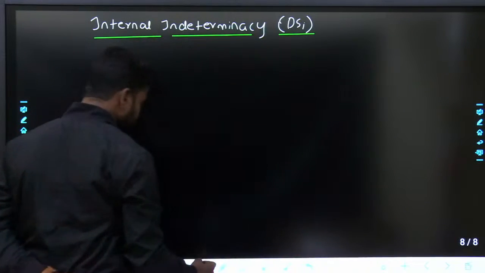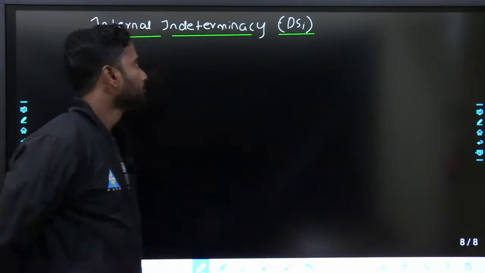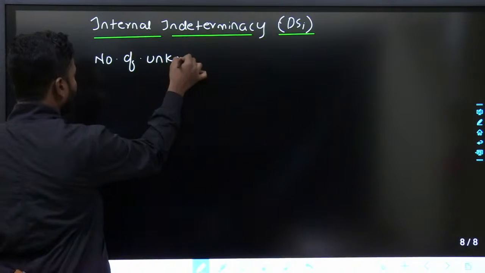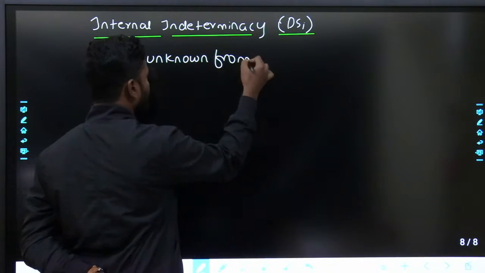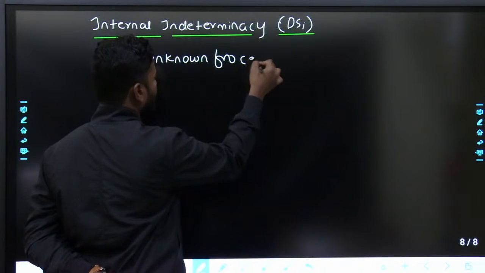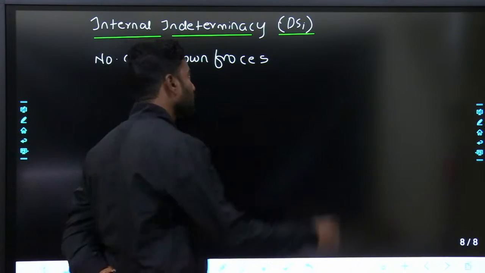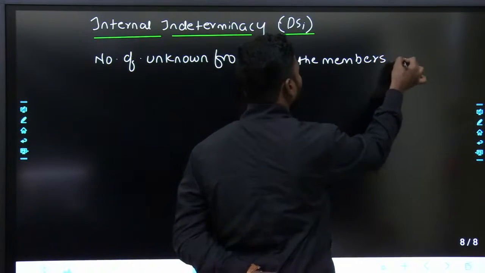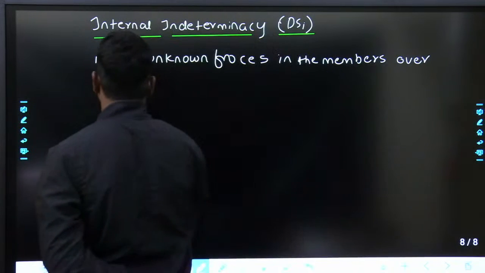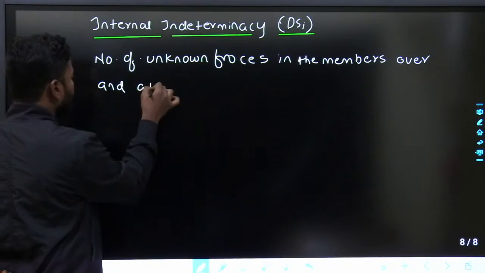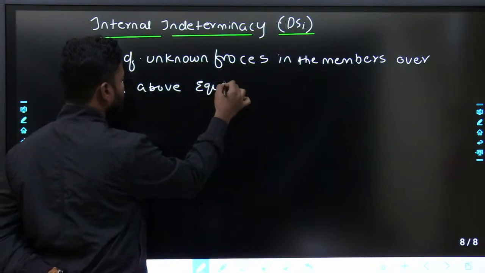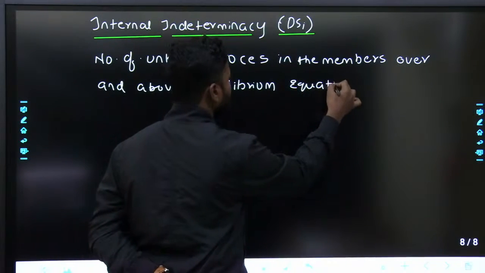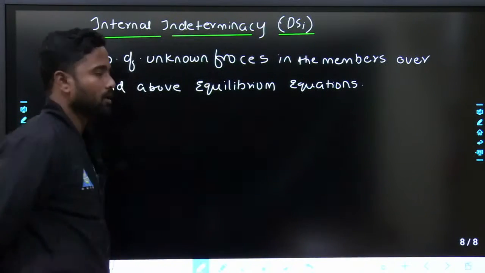Internal indeterminacy, DSI, if I consider, is the number of unknown forces in the members over and above the equilibrium equations.